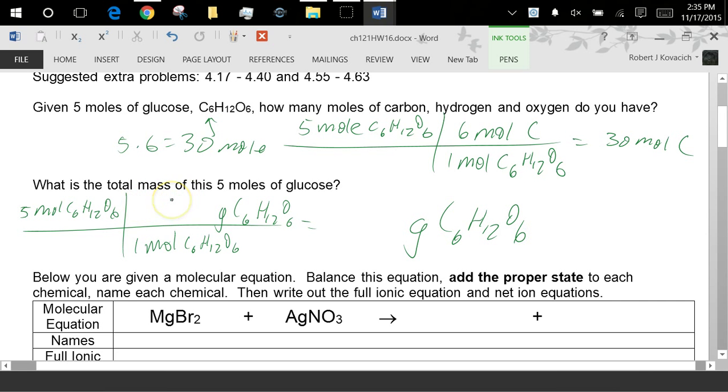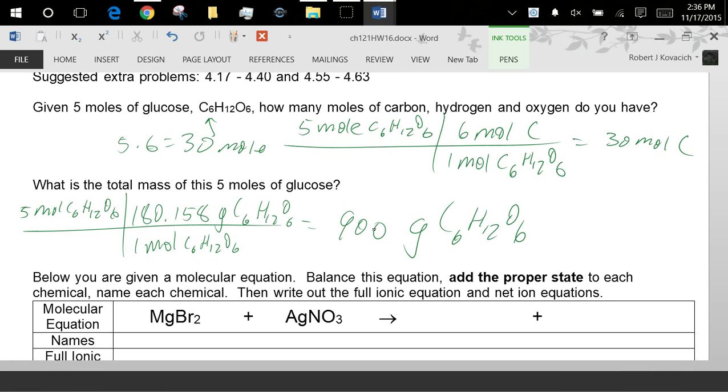For this mass here? 12.011 times 6 plus 15.9994 times 6 plus 1.00795 times 12. Yep. 180.158 times 5. So 900 grams. That would be a lot of glucose.